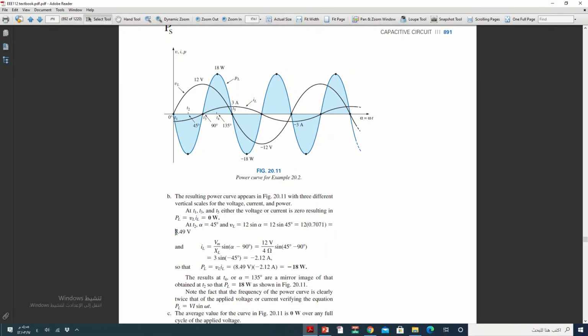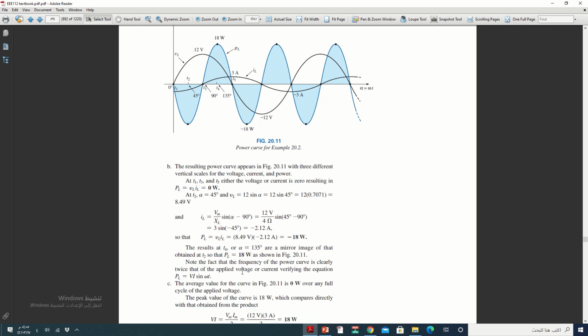You will get 8.49, and IL becomes 12 over 4, since the reactance is 4, sine alpha minus 90, because it's lagging. 45 minus 90, it becomes minus 2.12. This is the current. Now if we multiply V by I, you will get minus 18, which is this point. And so on. We can calculate the other points the same way.